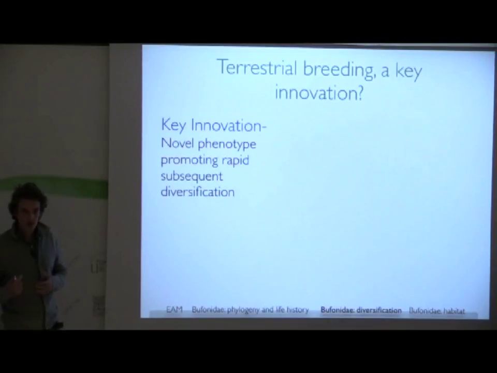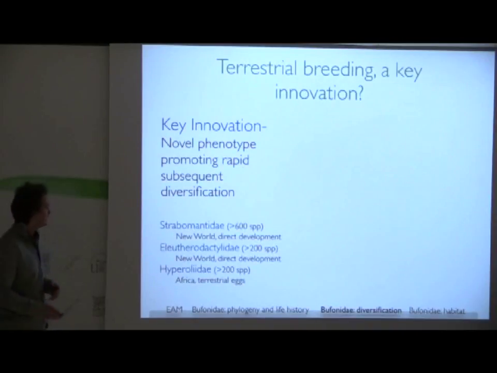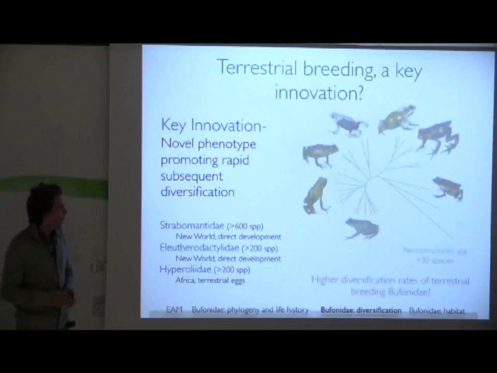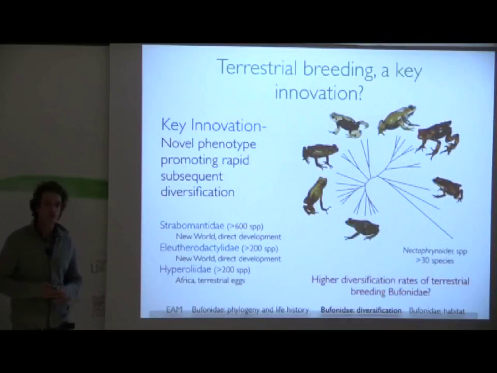And the reason why we wanted to test this is because if you look at amphibians, you seem to find that the most species-rich families tend to have extremely large numbers of species. And in our phylogeny too, the viviparous Nectophrynoides seem to be extremely species-rich. So we wanted to know whether or not terrestrial breeding might have opened up a new dimension in niche space that has allowed these lineages to proliferate.